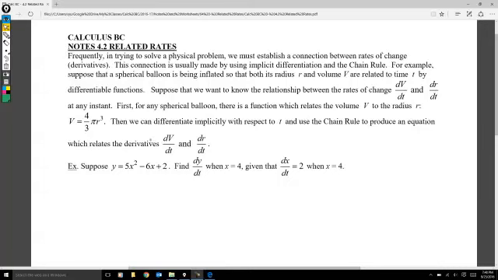So we're given a function, and it's saying find dy/dt given this stuff. That's kind of weird, but in related rates, because they're application problems, we typically differentiate with respect to time. Usually something's changing over time, and we need to relate the different rates that we're given. That's why it's called related rates.